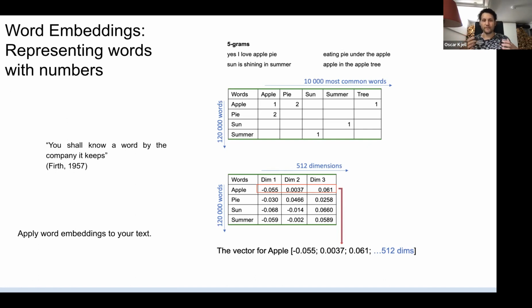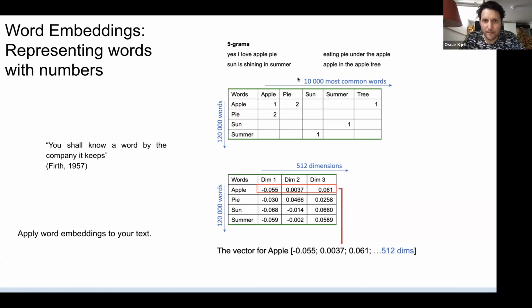A simple way of doing this is to take a really large sample of language corpus. In the beginning, we usually used the 120,000 most common words, and then in the columns, we took the 10,000 most common words, and we made a co-occurrence frequency table.